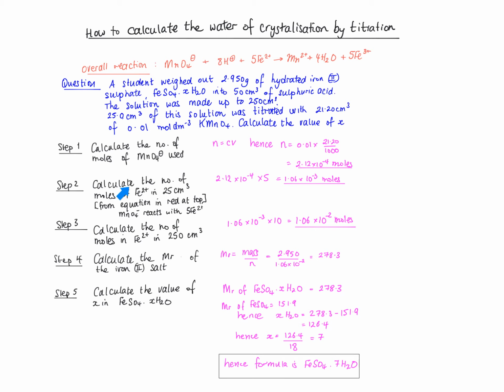So to work out the number of moles of Fe2+ that reacted in the titration, because the ratio is 1 to 5, we have to times the number of moles of MnO4- by 5. So the number of moles of MnO4- is 2.12 times 10 to the minus 4. We times it by 5, and the number of moles of Fe2+ that we use in the titration is 1.06 times 10 to the minus 3.